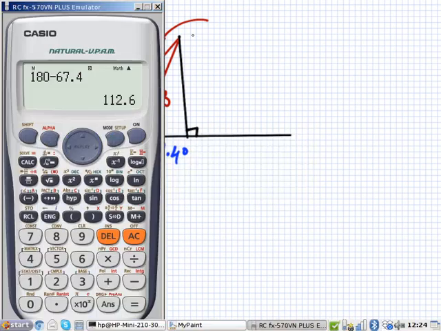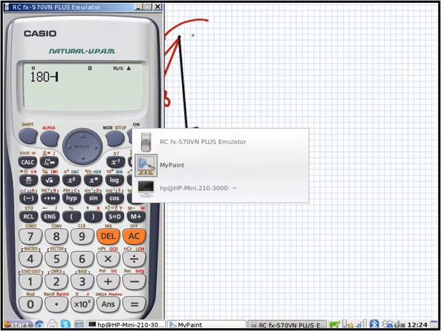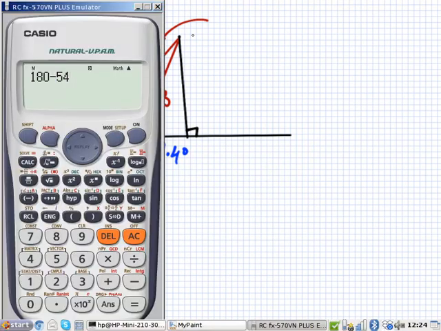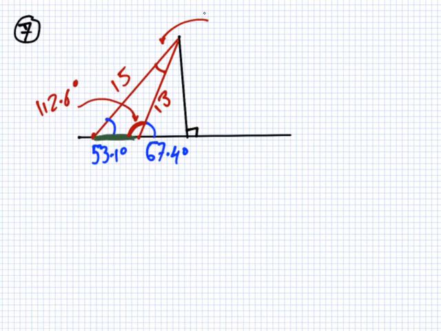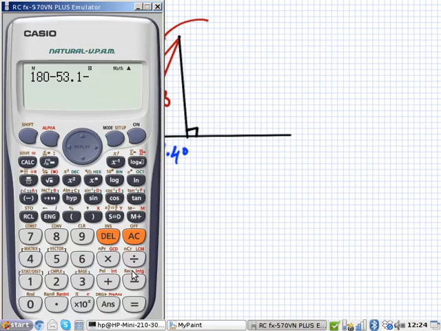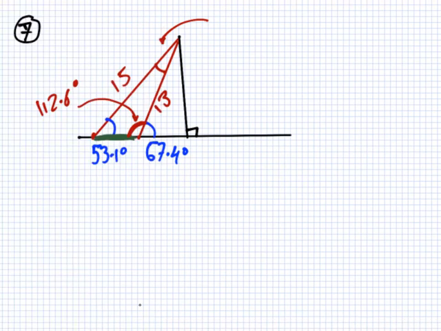And on the top, it's 180 minus 53.1 minus the answer I just got. That is 14.3 on the top.